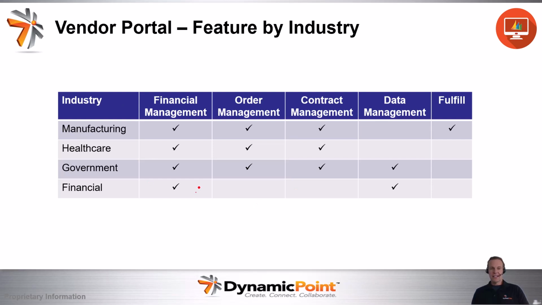As you can see, financial management features seem to be the most popular across the board for both customer and vendor portals, followed by order, contract, data, and then fulfillment details. Again, this will become the basis for our following series, where we look at each of these industries and how they're using these capabilities within a vendor portal in this case.